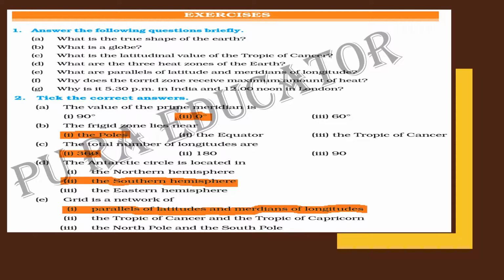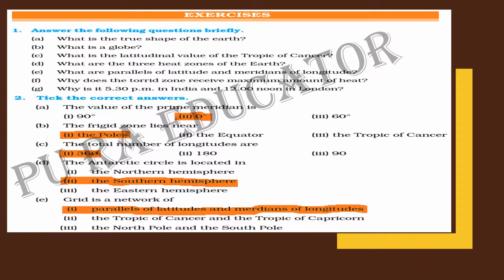Third question is, what is the latitudinal value of Tropic of Cancer? As we have discussed, it is 23.5 degree north latitude. Fourth question is, what are the 3 heat zones of the earth? We have mentioned earlier that the heat zones were of 3 types.